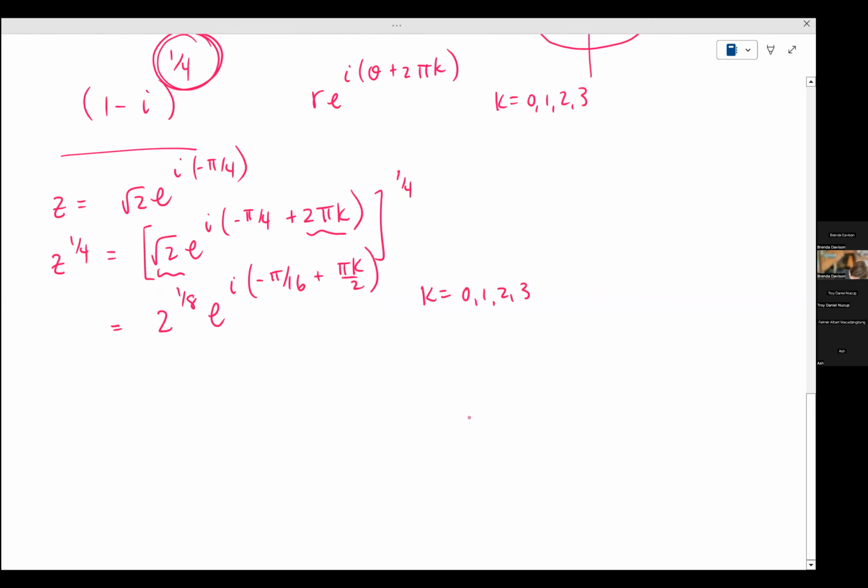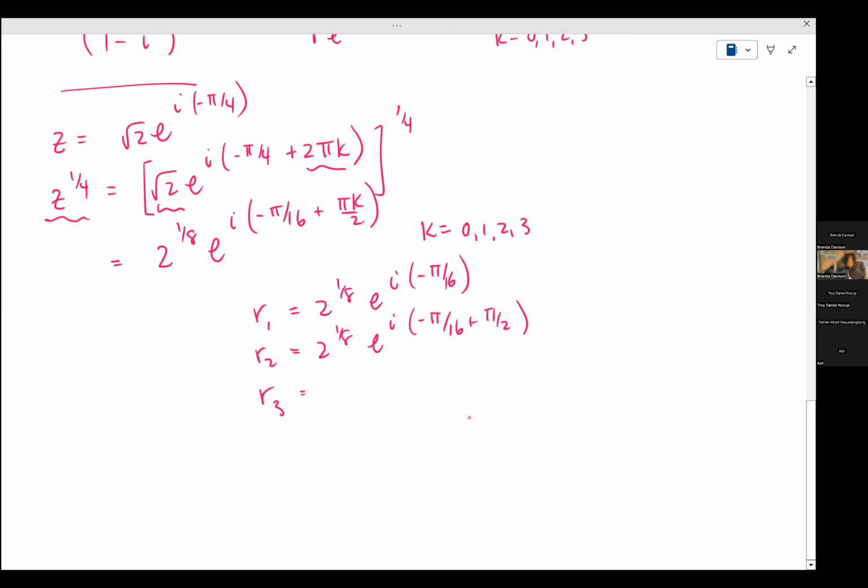Now, what I would expect in this question is you would say, okay, we're looking for z to the quarter. Root number 1 is going to be 2 to the 1/8 e to the i minus pi by 16. Root number 2 is going to be 2 to the 1/8 e to the i minus pi by 16 plus pi by 2, like that, or 3, like that, etc. Then 2 to the 1/8 e to the i minus pi by 16 plus pi.